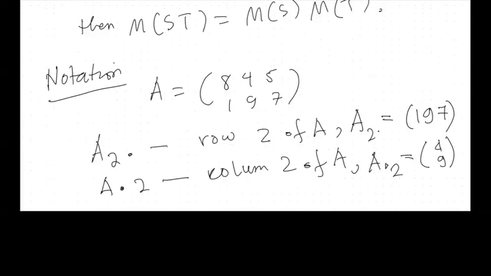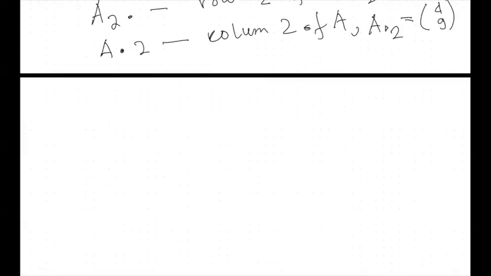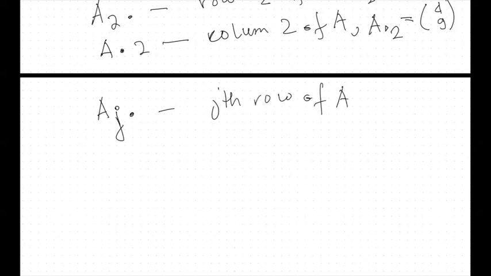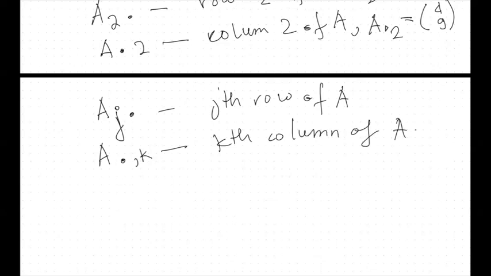So Aj dot is the jth row of A, and then A dot k is the kth column of our matrix A.